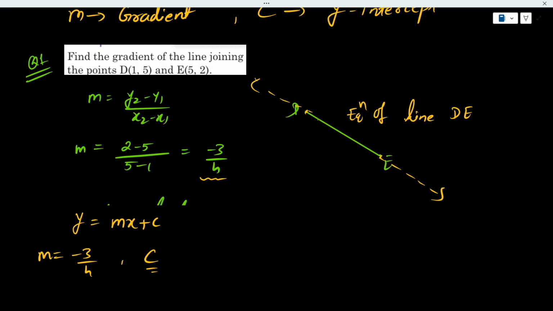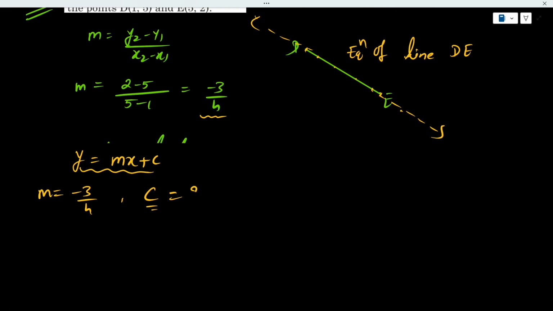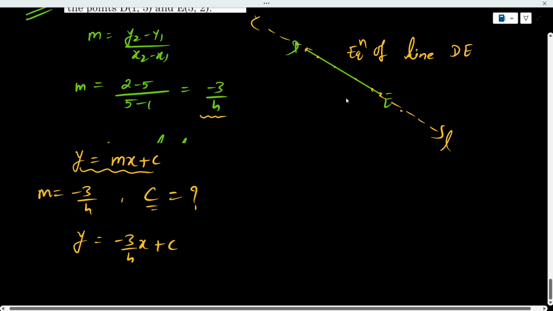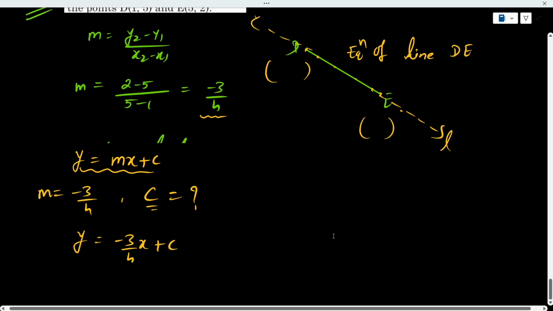Every point on this line is going to satisfy the equation y equals mx plus c. I don't have c here, so can I substitute minus 3 by 4 x plus c? Every point on the line, passing through D, if it is line L, will satisfy, and I already have the coordinates of D and E. So if you substitute any one here in this equation, you will get the value of c.